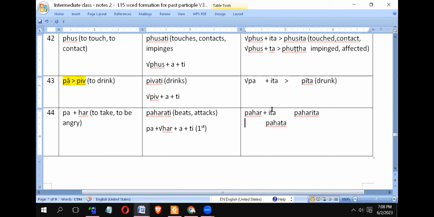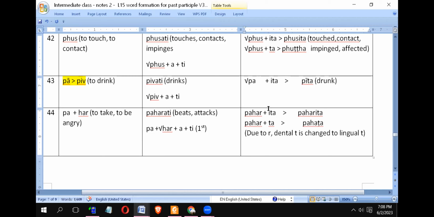Next one is pahata: paha plus ta, pahta. Then according to the rule, the double T becomes, so the dental T changes to lingual T. So is it difficult?